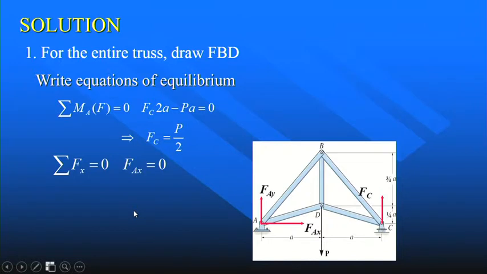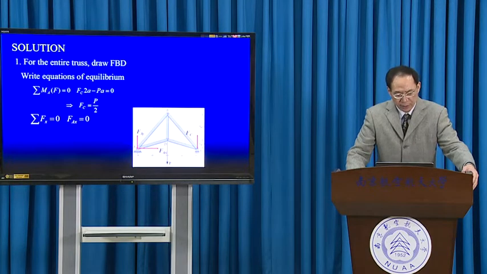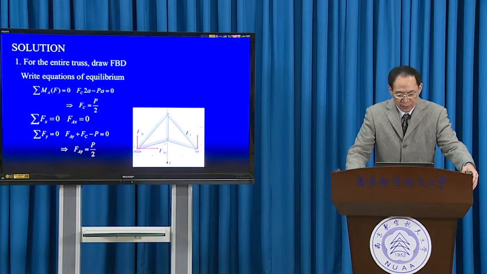And then write the projection equation, sigma Fx equals 0. We can get FAx equals 0. Then the second projection equation, sigma Fy equals 0.